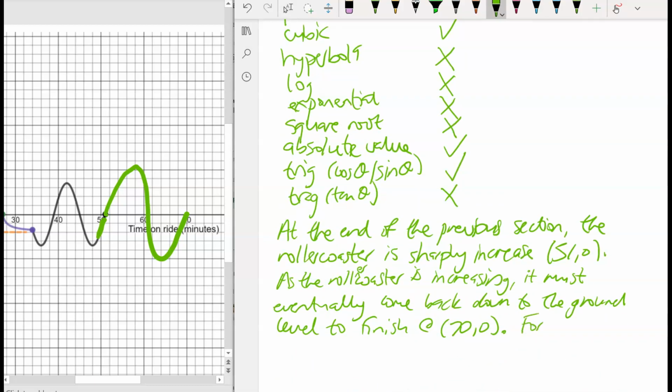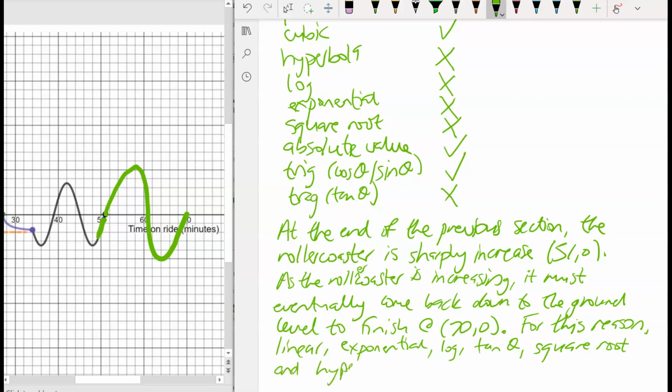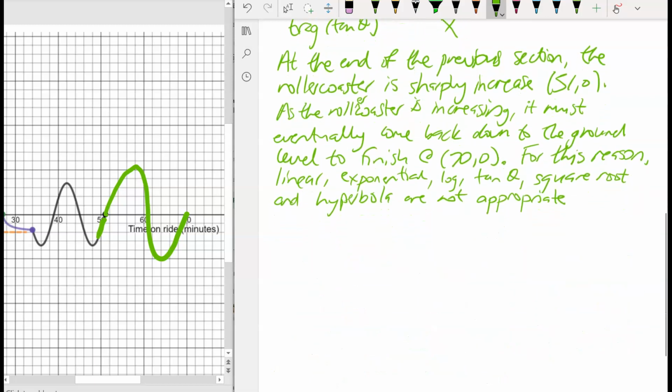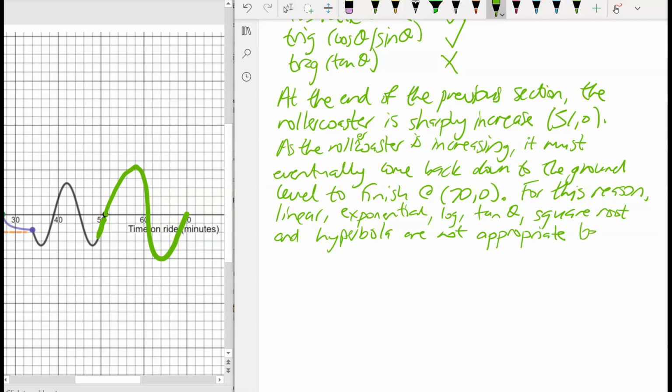So for this reason, linear, exponential, log, tan graphs, square roots, and hyperbolas are not appropriate because they will not be able to return to the ground after the increase.